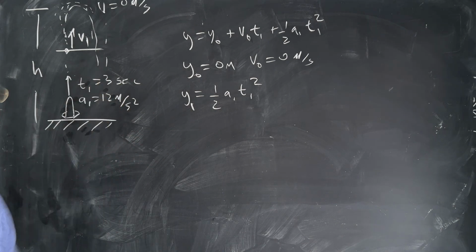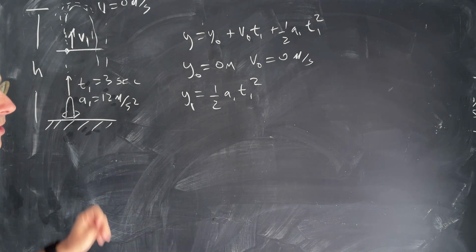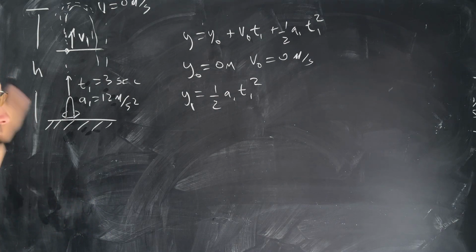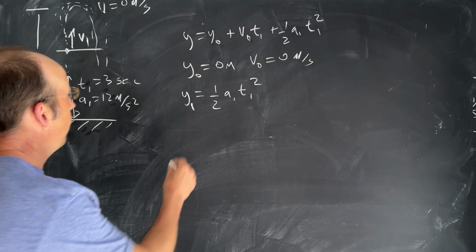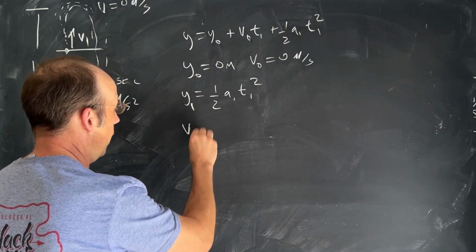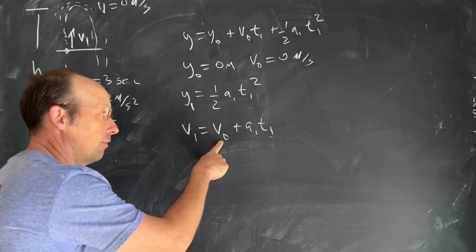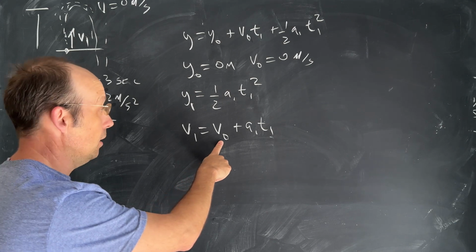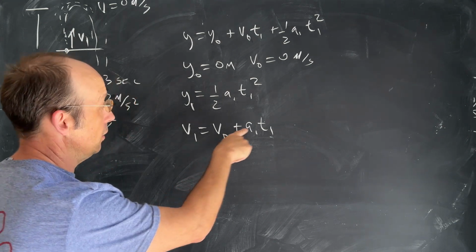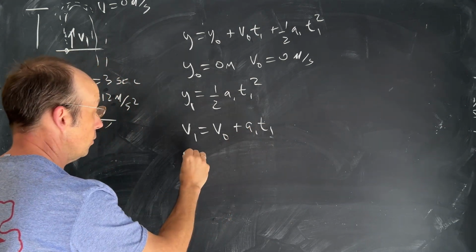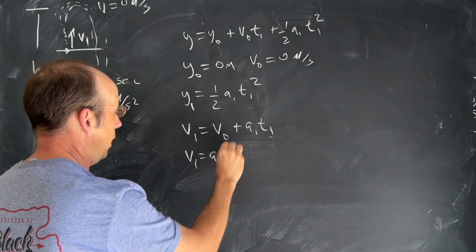I need to now find my velocity, which we'll call v1. So v1 is v0 plus a1 t1. This is just my normal kinematic equation. I take the initial velocity, which is 0, my acceleration and my time, so I get v1 equals a1 t1.